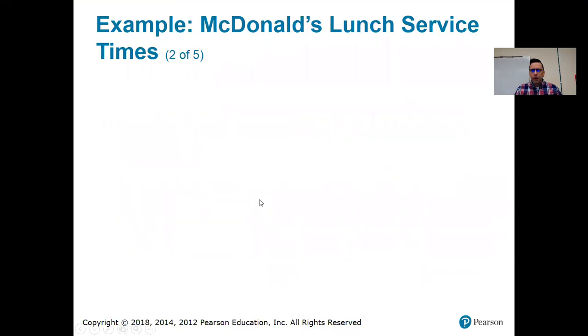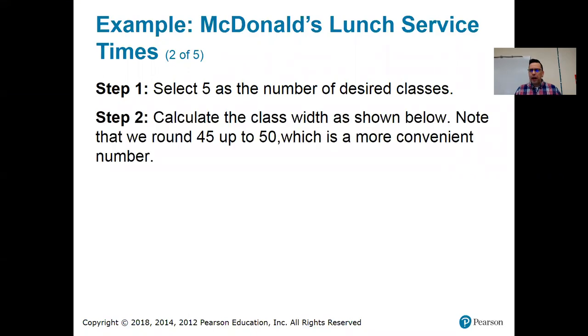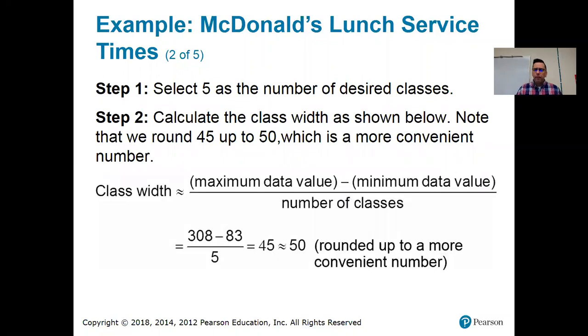Okay, so first step, they've already selected 5 as the number of classes. They did that for me. So now we're going to calculate the class width by taking the maximum data value, which was 308. I know you can't see it in front of you right this second, but it is 308.